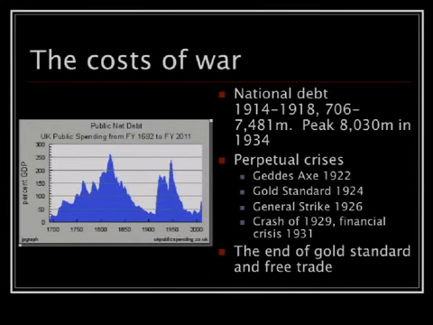Now, in 1931, this is a date that you must go to sleep thinking of. 1931 is the point in which Britain finally abandons the two most cherished elements of Victorian liberal political economy. The gold standard, Britain finally comes off the gold standard in 1931, and it abandons free trade.